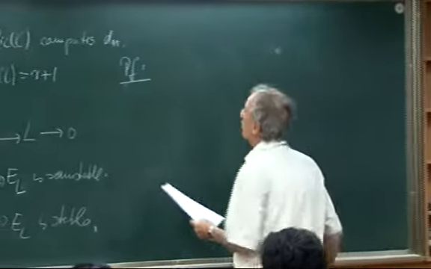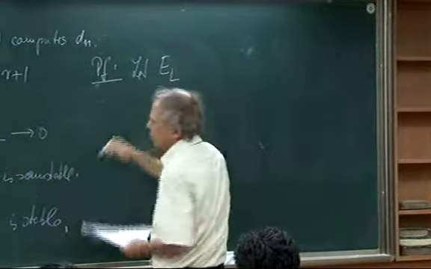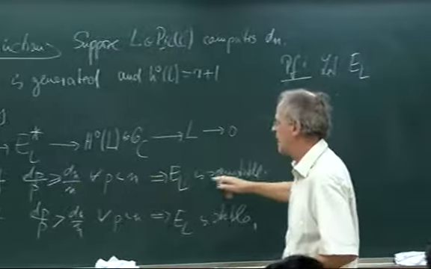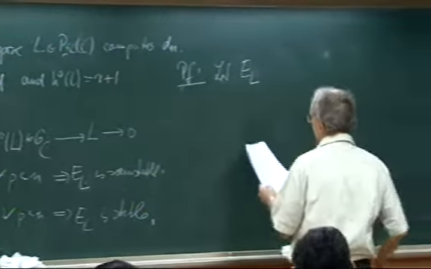Okay, so what do we have to show? I only want to show that EL is semi-stable, and stable is the same proof, the same argument.